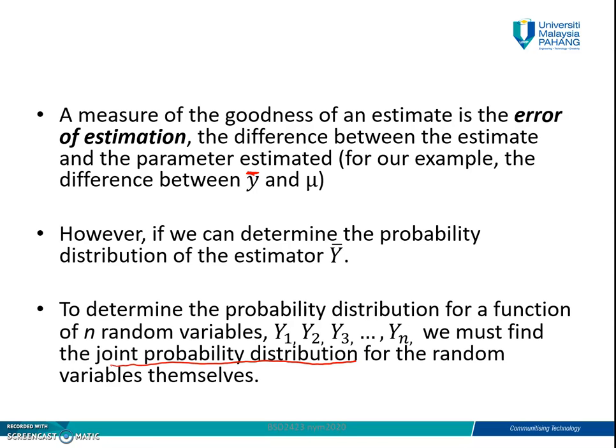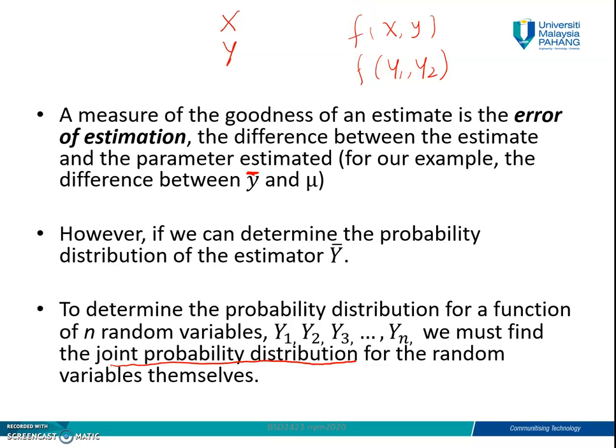So here you must understand we have random variables. Previously, we learned x is a random variable, y is a random variable. For example, y is the number of heads that occur, so y is a random variable. And then you learned the bivariate random variables, which is x, y, or y1, y2.